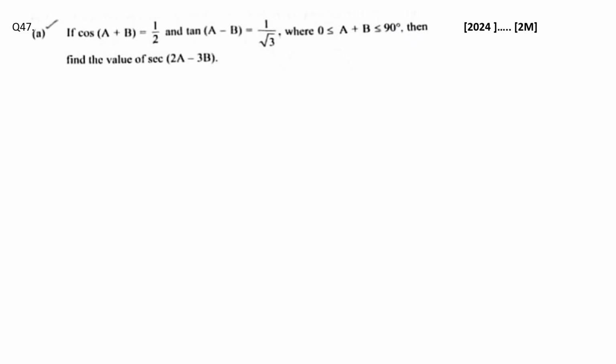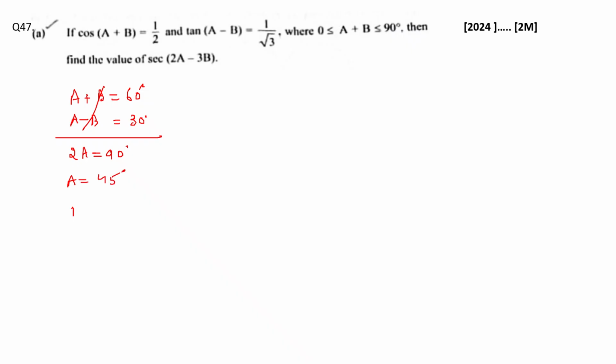So cos a plus b is 1 by 2, cos 60 degree is 1 by 2. So it means a plus b is 60 degree. Same way a minus b, tan 30 is 1 by root 3. So if you add both, you will get 2a is equal to 90 degree. So the value of a is 45 degree.